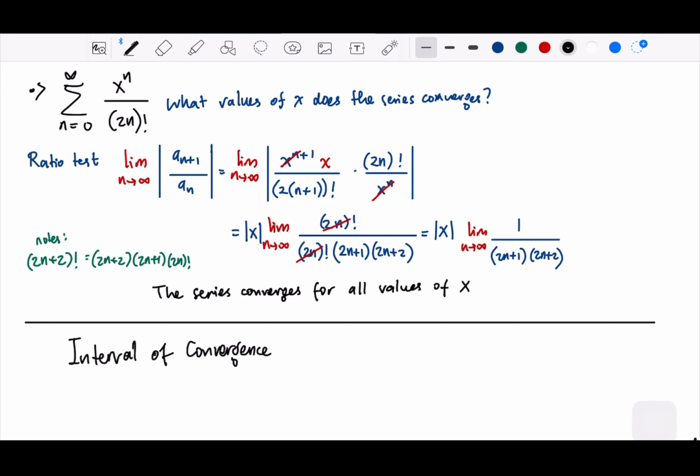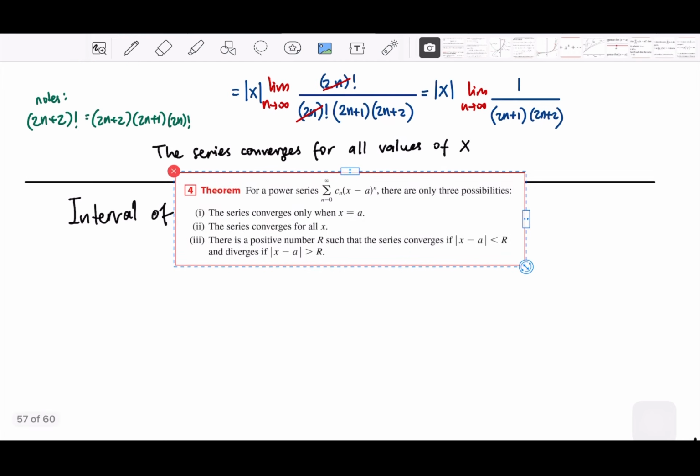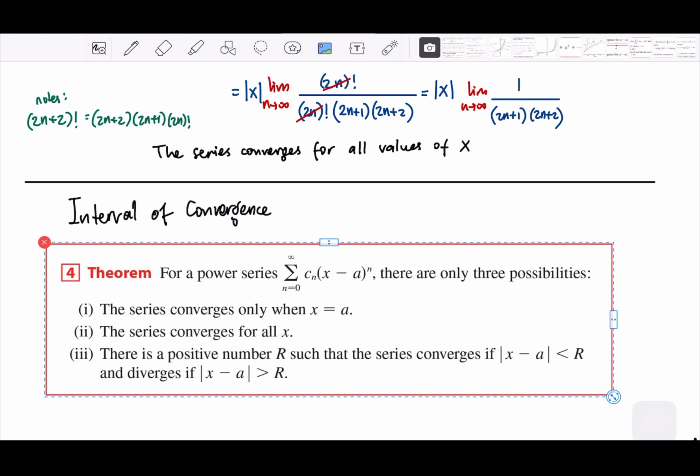Okay, so this interval of convergence, which one is this? So for a power series, there are 3 possibilities.